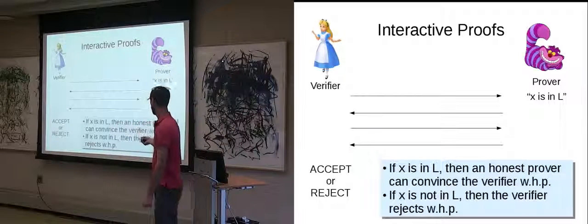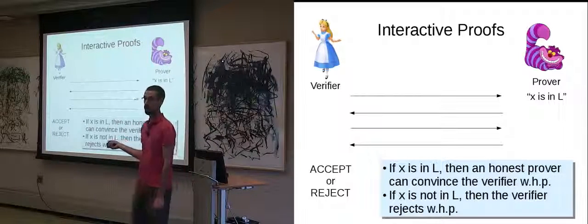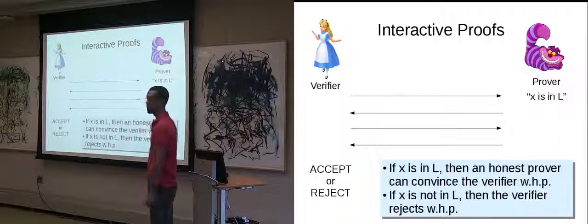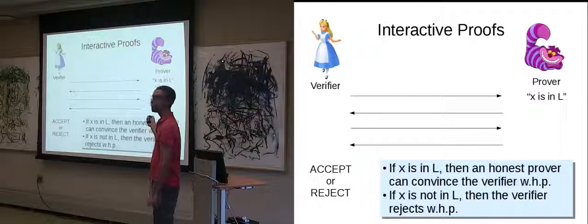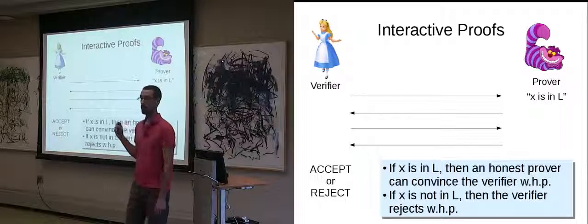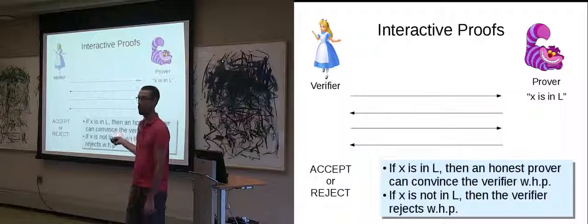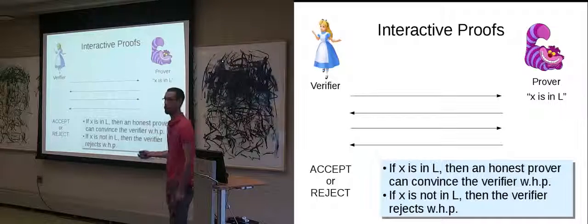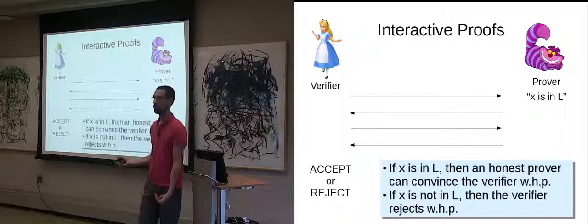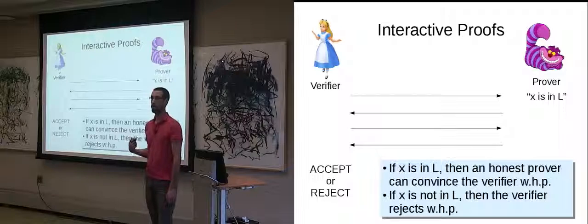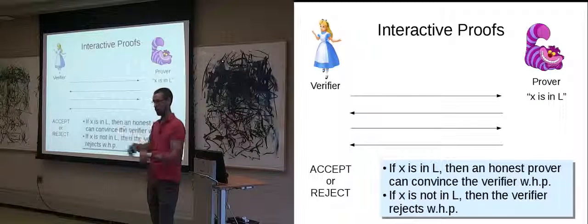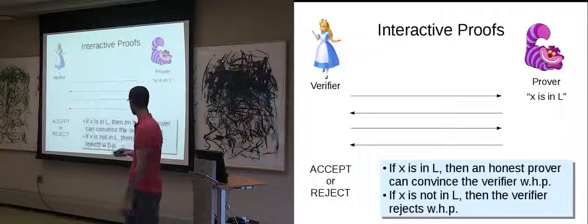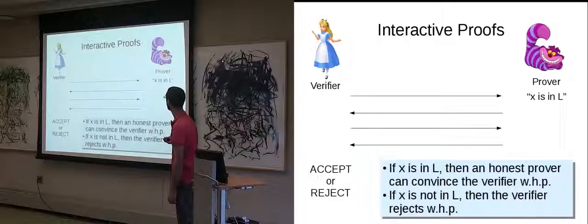On the other hand, if the input is not in the language, meaning the result of the calculation is 0, say, then there should be no way that any prover, dishonest or honest, can convince the verifier. With high probability, the verifier should reject. This second condition is called soundness. If you have both of these properties, the verifier can be pretty sure they've got the right answer after talking with the prover. And if they need to, they can repeat as many times as they like to get whatever confidence they want. So that's an interactive proof.